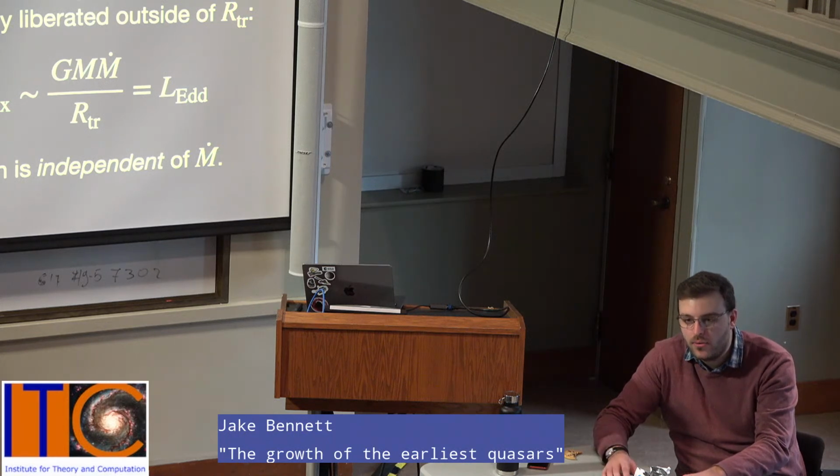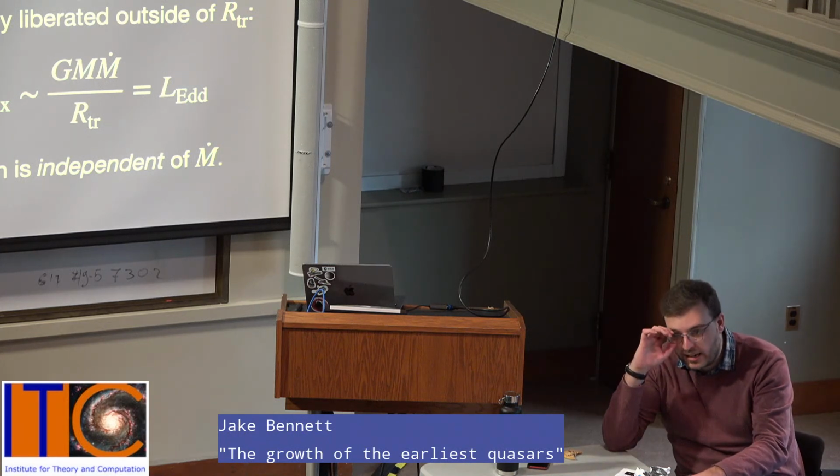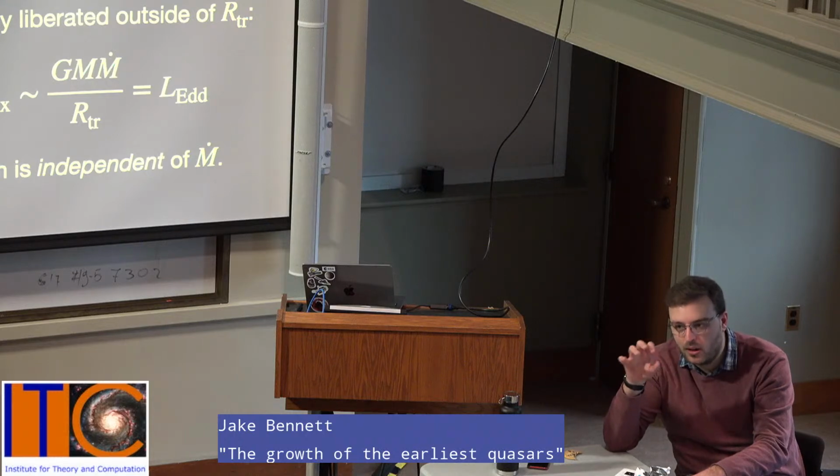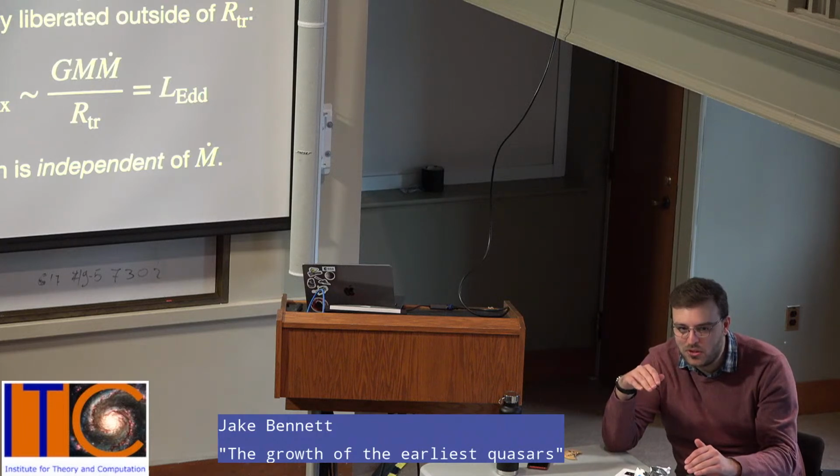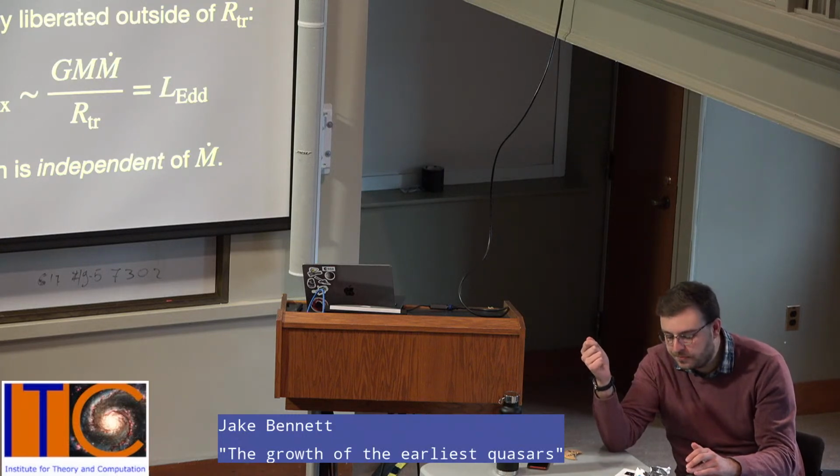It will at least tell us how many seeds we expect to get. If you form these direct collapse black holes and there aren't many of them, then you won't expect that many mergers at these redshifts. So it will really start to pin down the frequency of heavy seeding, if that does occur.